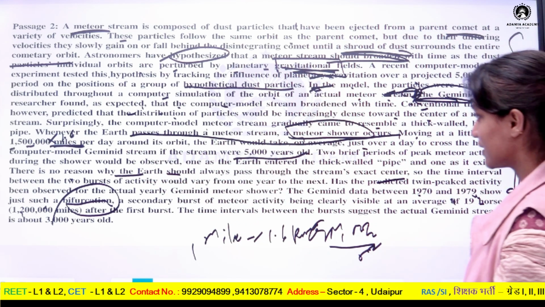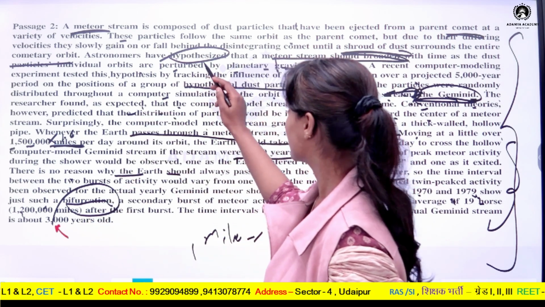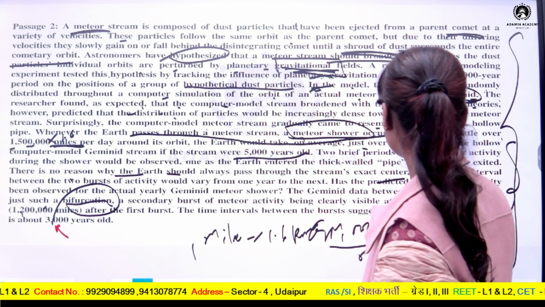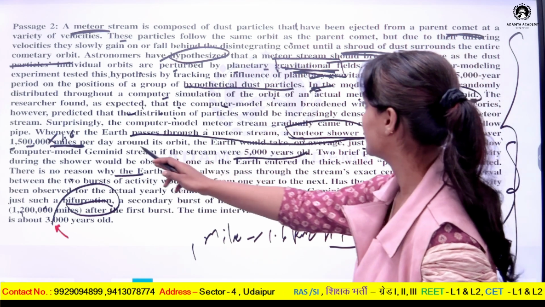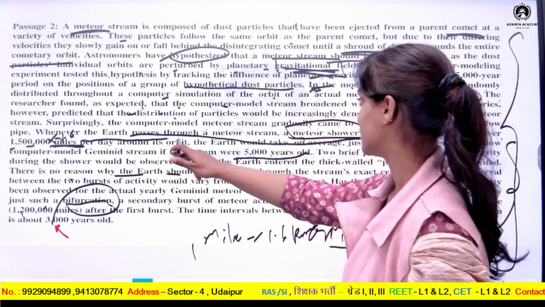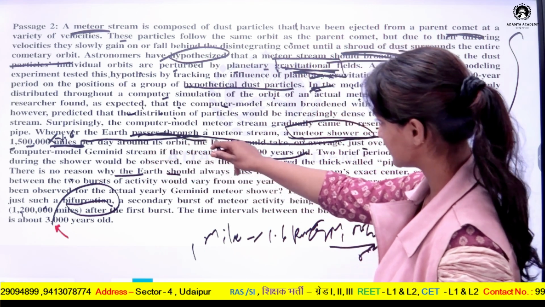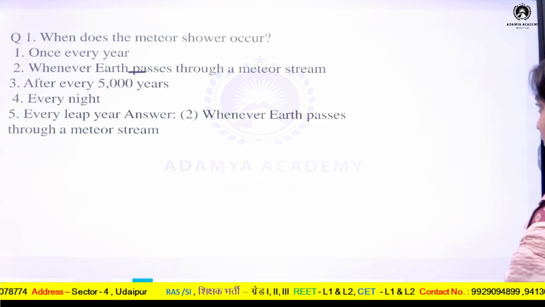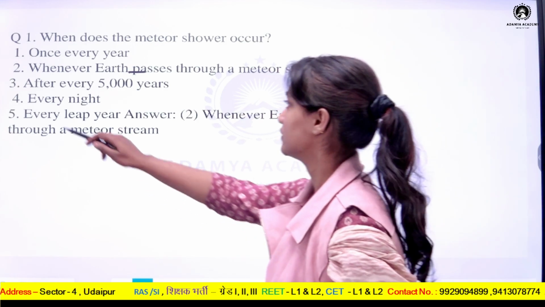So there is no time like 3,000 or 5,000; numerical data is not the answer in this case. The answer is a statement: whenever the Earth passes through the meteor stream is when a meteor shower occurs. So the answer is 2.